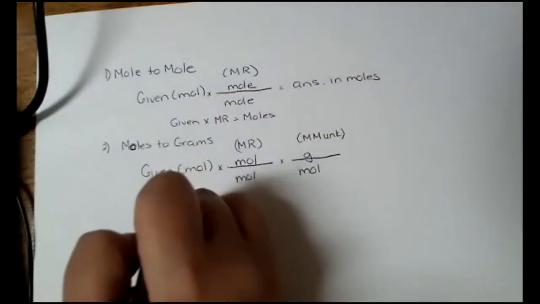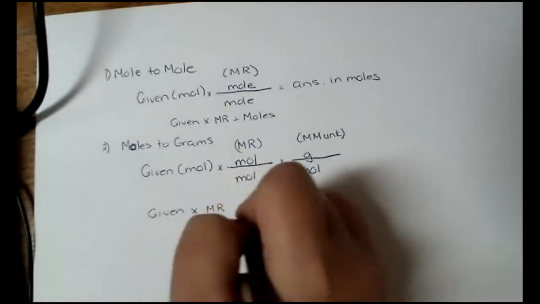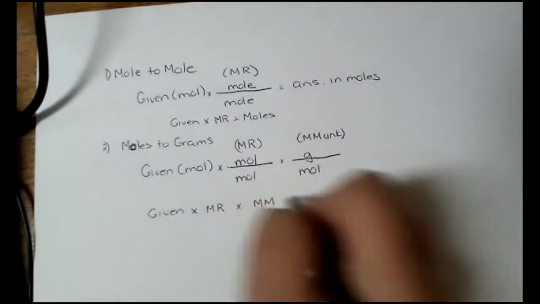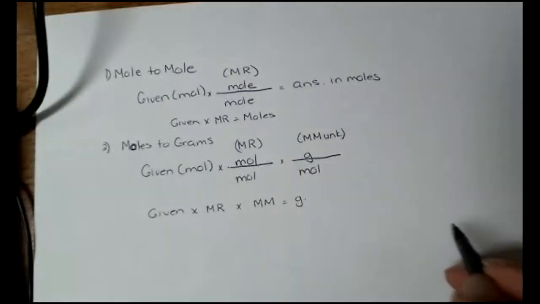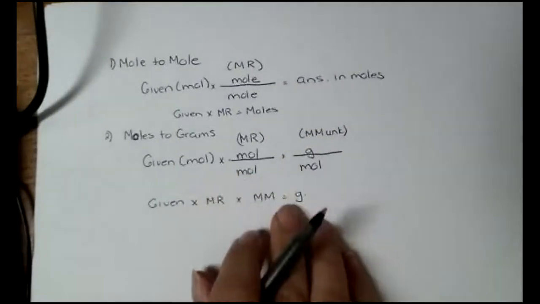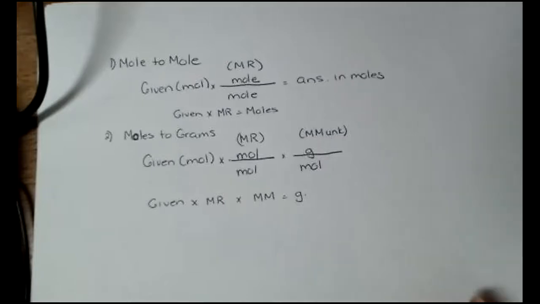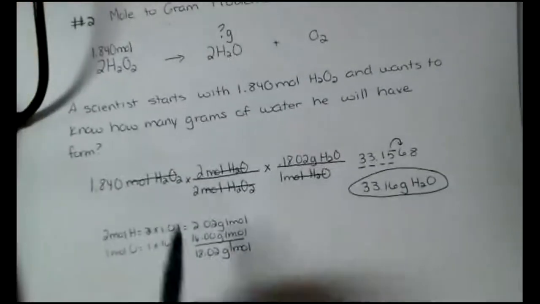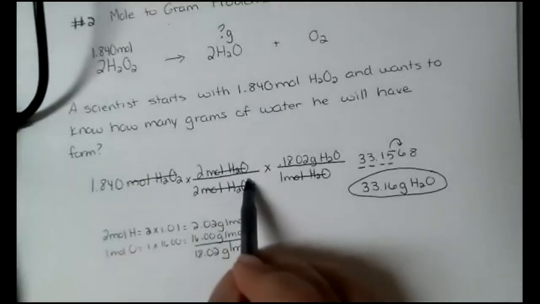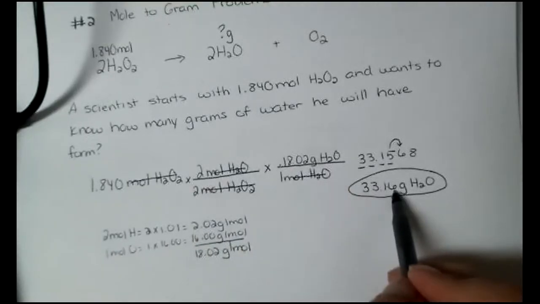This one is given times mole ratio times molar mass gives you grams. Okay, so that may help you out if you get a little lost, it kind of gives you a roadmap. All right, so on this one, we started with moles, we put in our mole ratio, then we put in our molar mass, and we got this.